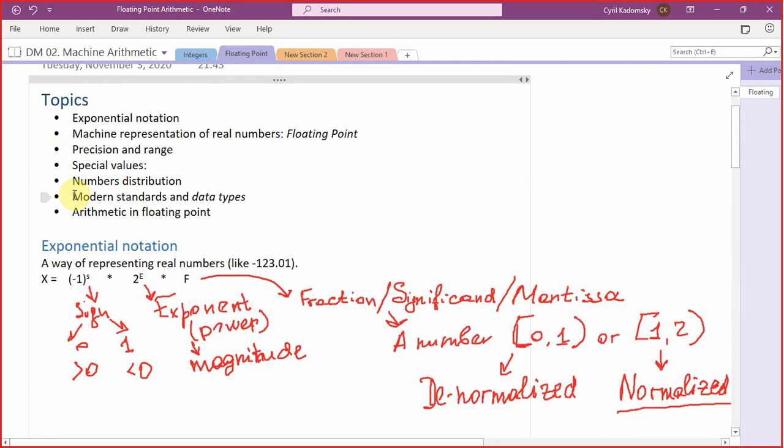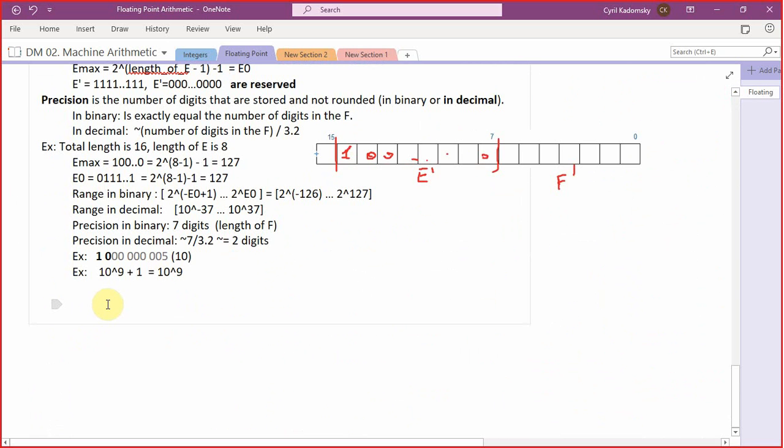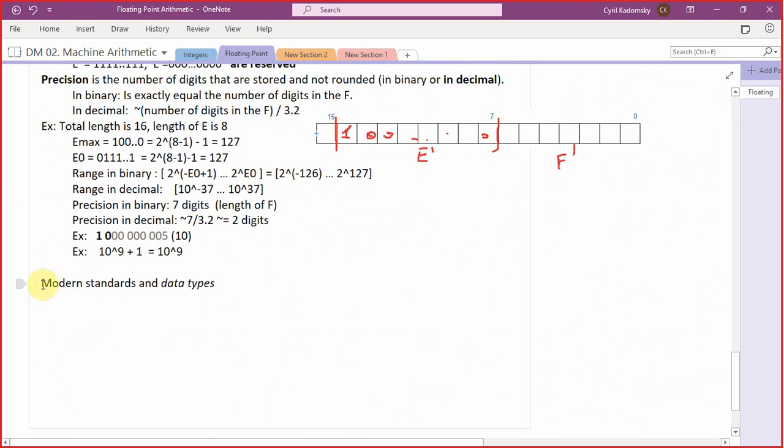And as soon as we talked about this precision and range, we will also talk about modern standards for data types. That would be the final thing for today, but it is very closely related to the ones that we had before, so we will cover it also. Okay, so the modern standards for data types.